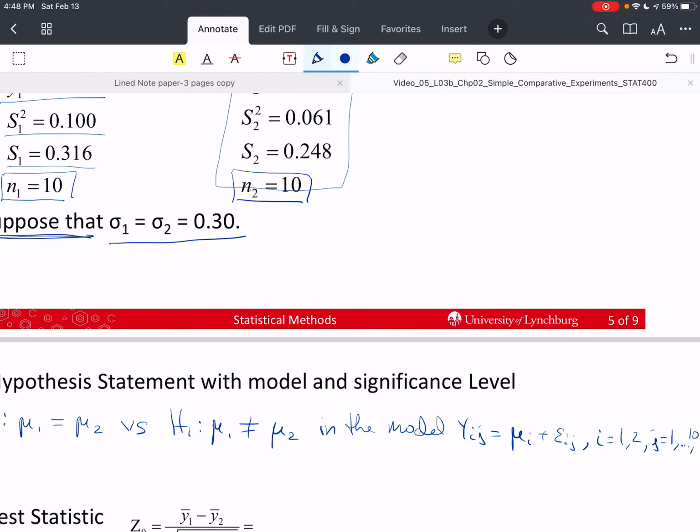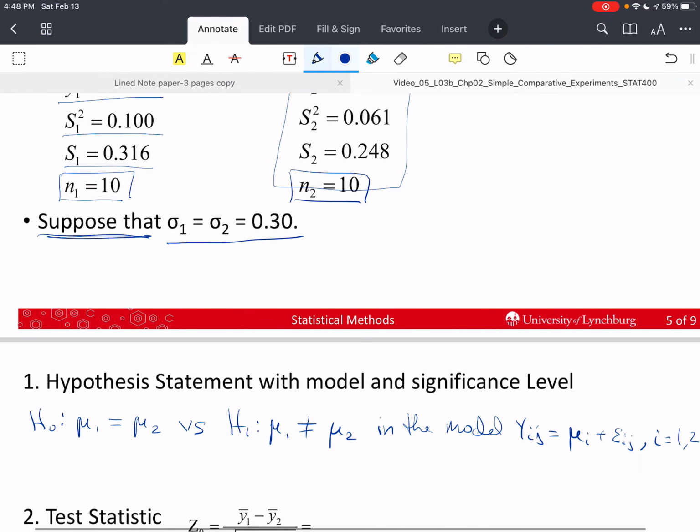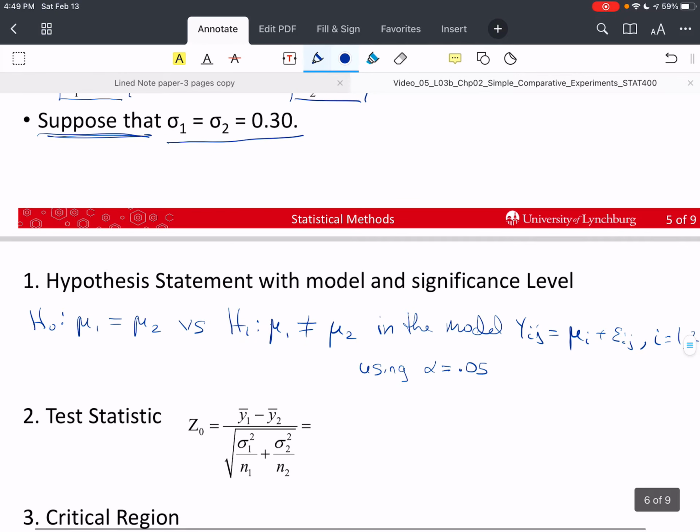It's the same for both, so we can just say 1 to 10. Okay, so it's balanced samples. And then using alpha equals 0.05. All right. So unless otherwise specified, we're going to use alpha equals 0.05.